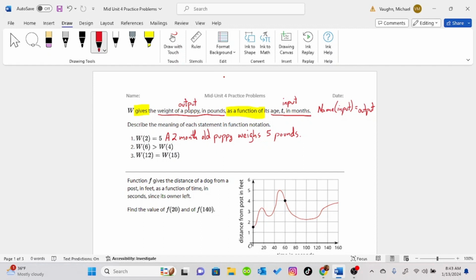So number 2 says that the weight of a 6-month-old puppy is greater than a 4-month-old puppy.